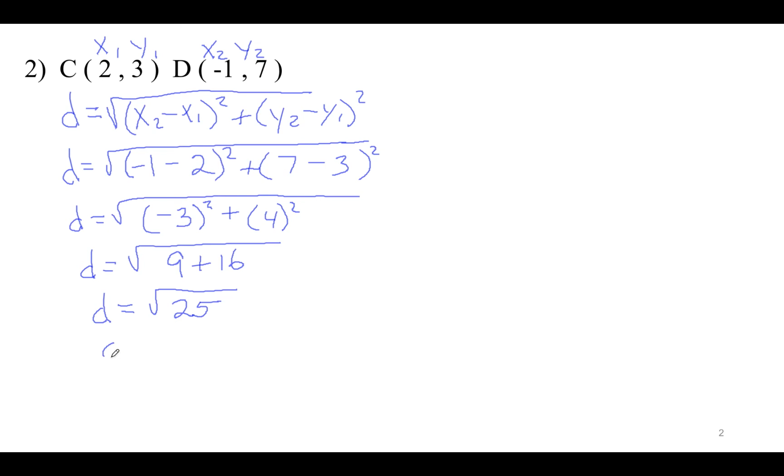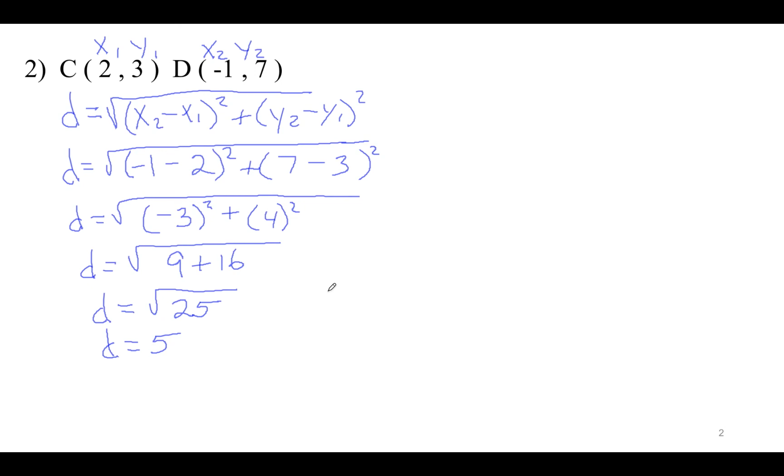Again, we have a perfect square underneath the radical. Square root of 25 is 5. So you got to be careful when you have negative numbers. That's going to throw a little trick in here on some of the problems. You'll see on the next one where I use a lot of negatives. So that's this one. Square root of 25 is 5.